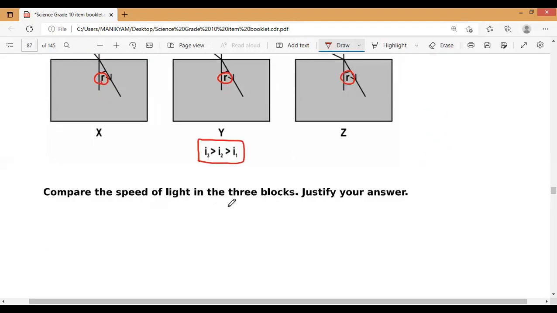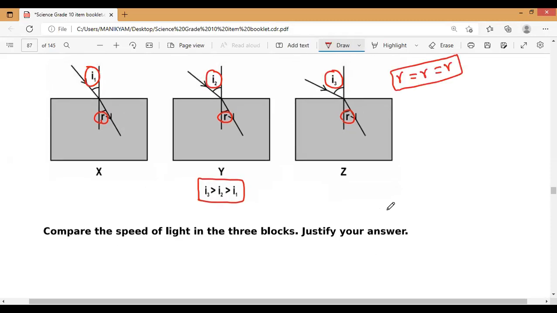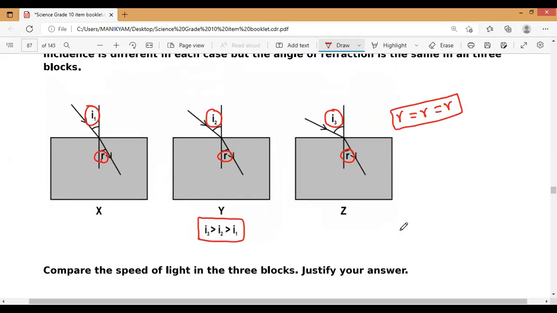Now let me go to the question, what they're asking. Compare the speed of light in the 3 blocks. Justify your answer. Now can you tell me in which block the speed of light is maximum? X. Why? Bending is less. That is what you have to remember.